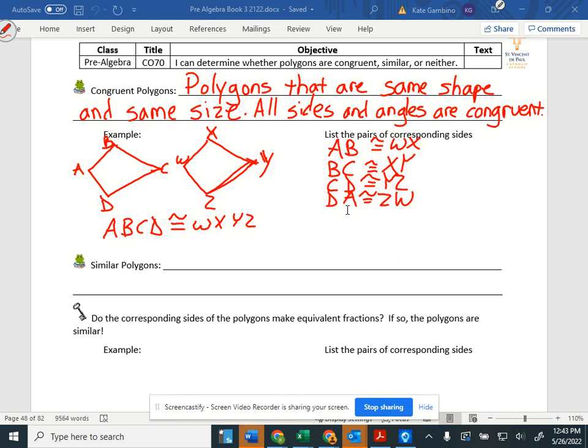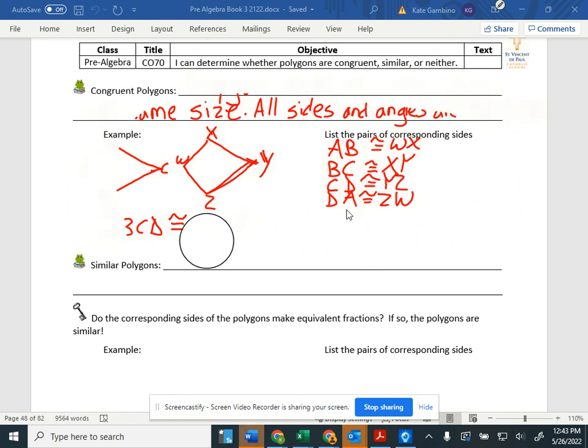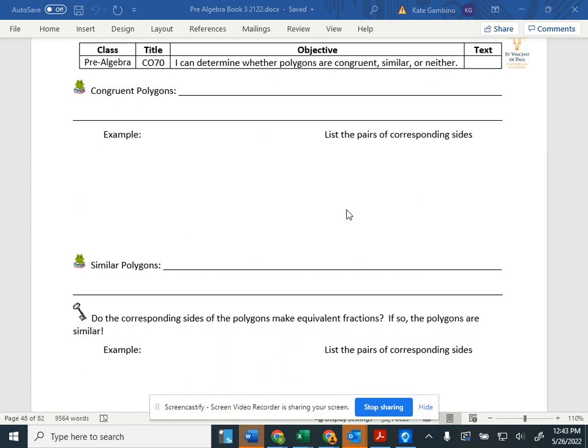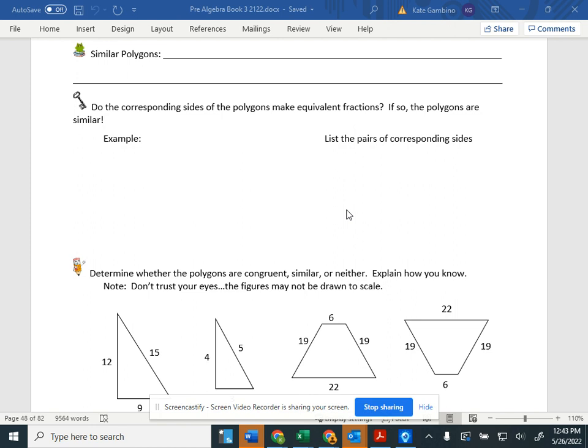All right, so let's look at similar polygons. What do you think a similar polygon is? Any guesses? Ryan. It's like each side, like let's say a rectangle has its height like 4, its side lengths are like 12.